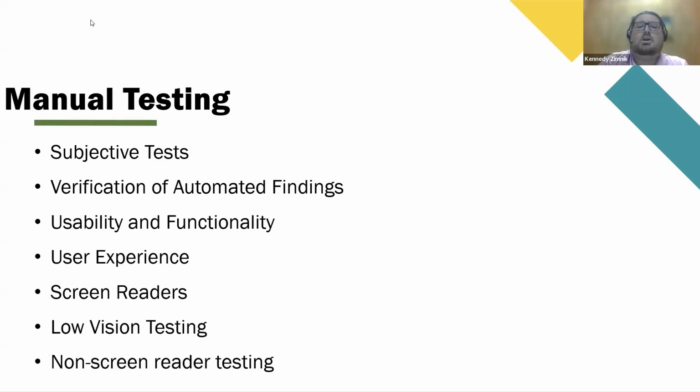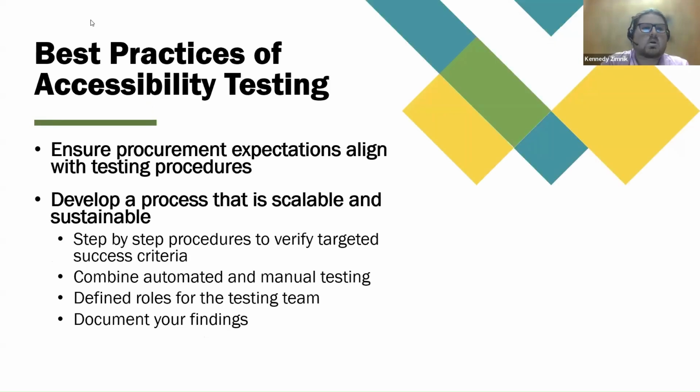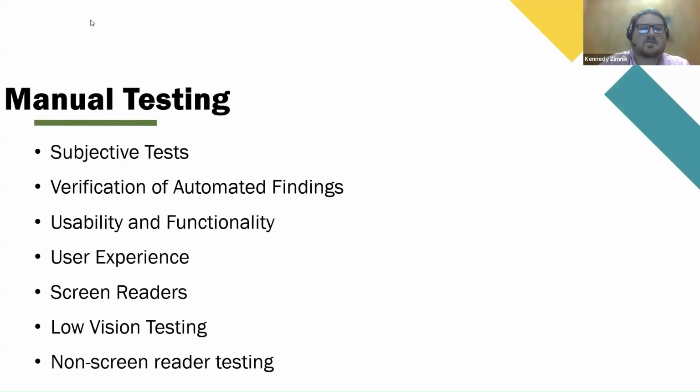And you can do a couple of things with manual testing. You can use a screen reader, which tests screen reader accessibility, or you can do some low vision testing, which is what I'm going to show you. And you can also do some non-screen reader testing. So just with your keyboard, what can you do without a screen reader? I'll show you all that in a couple minutes. Carl, did you have anything to add for manual testing?